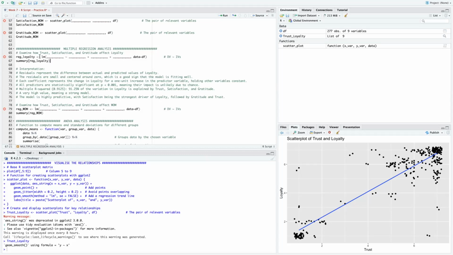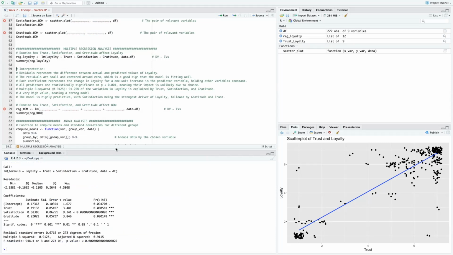All right, we will run the linear model and save the result in reg loyalty. So right here, we specify loyalty as dependent variable, trust as the first independent variable, satisfaction as the second independent variable, and gratitude as the last independent variable, and the data is df, right? Good. Now we can run the code.